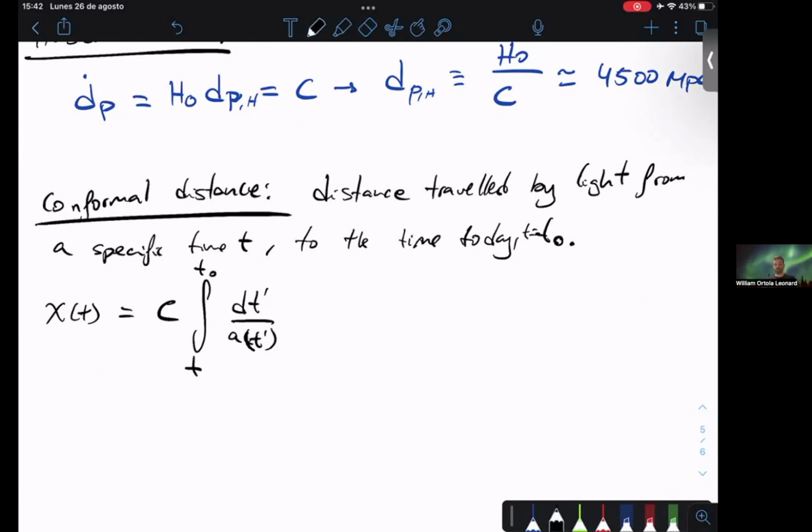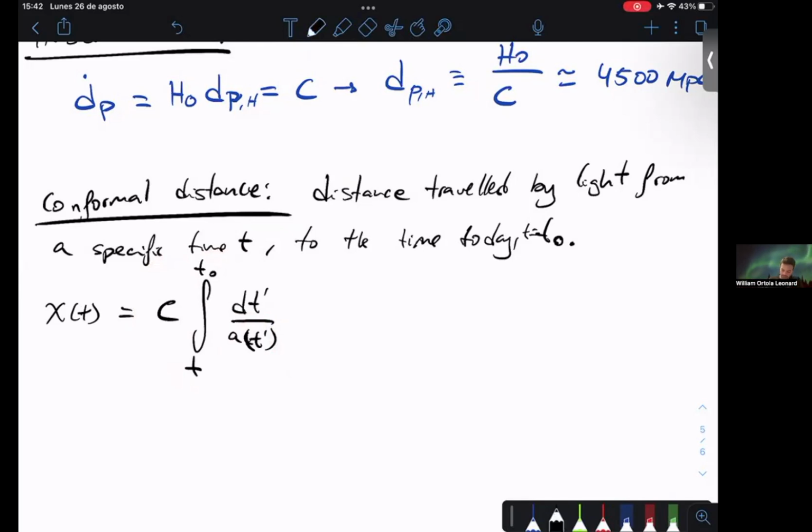Again, a very simple definition: this is just the distance that light is going to travel given the expansion of the universe, since it's encoded into this scale factor, from a specific time all the way to us today.